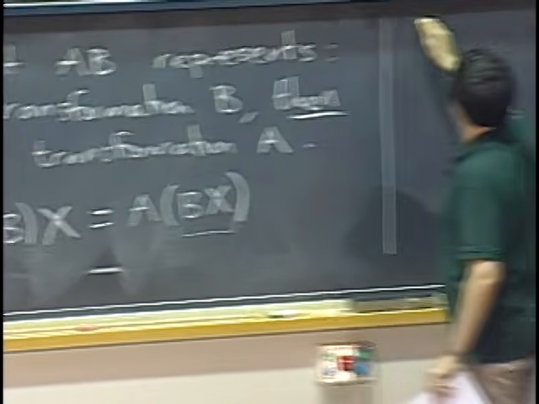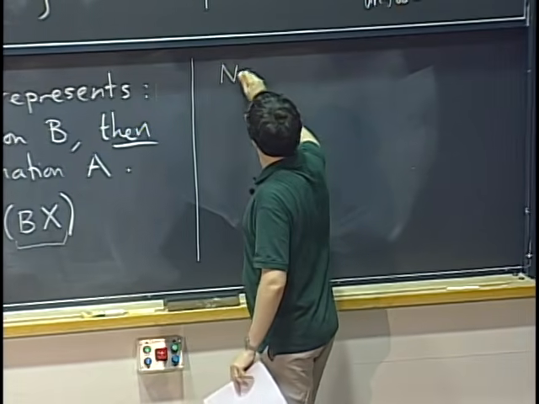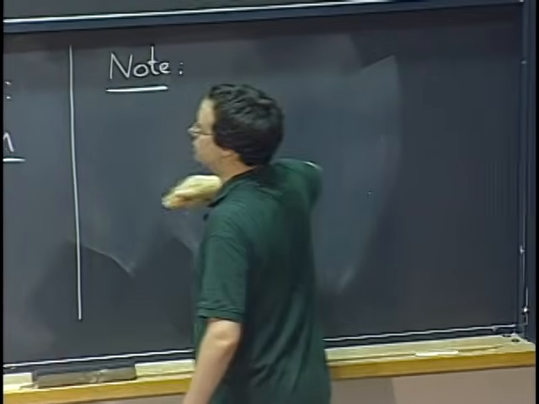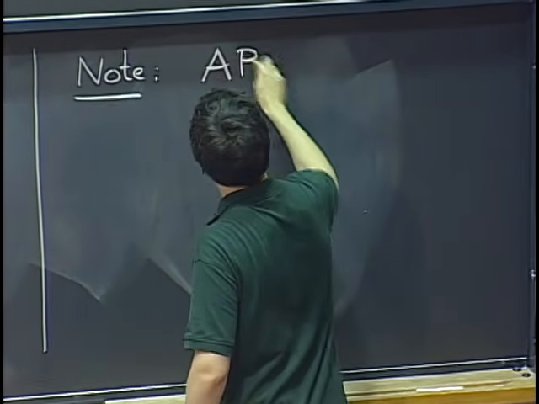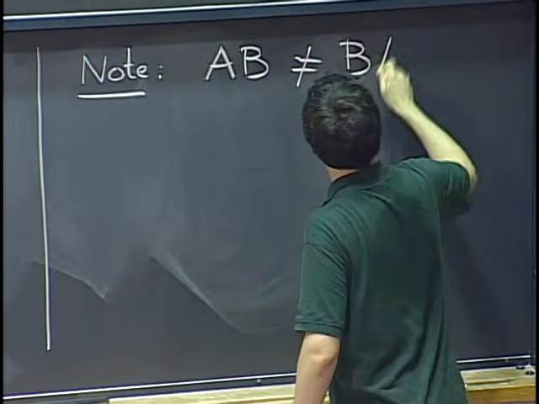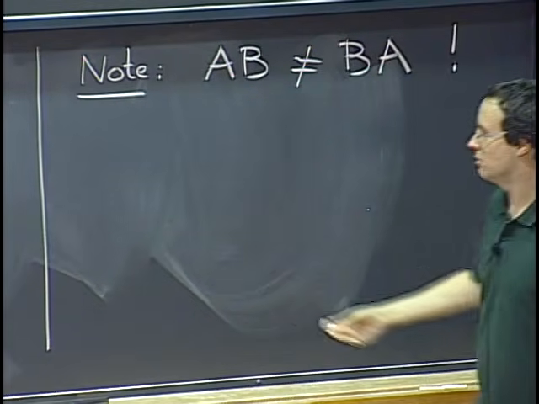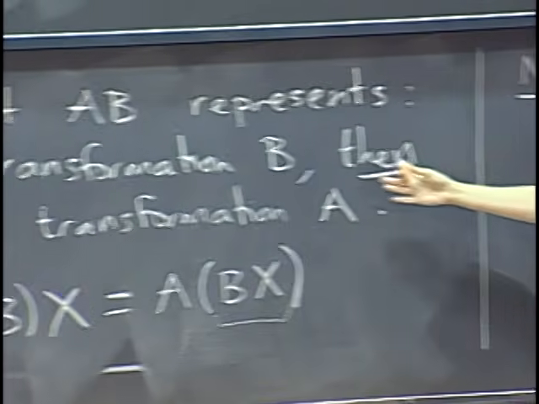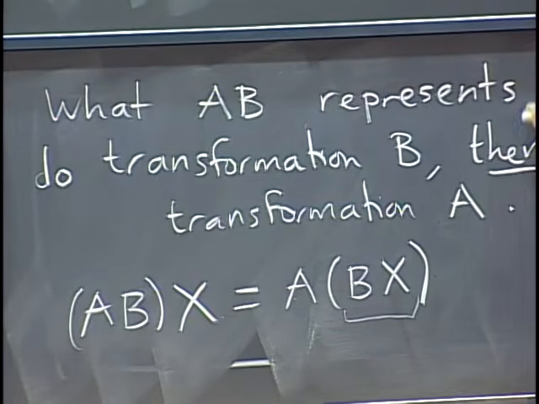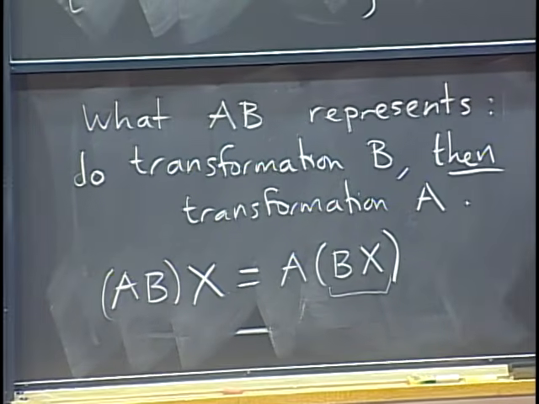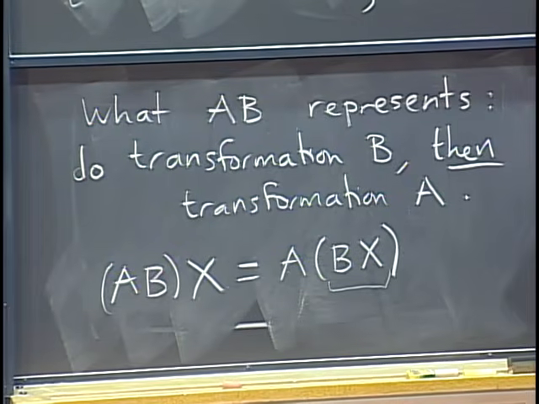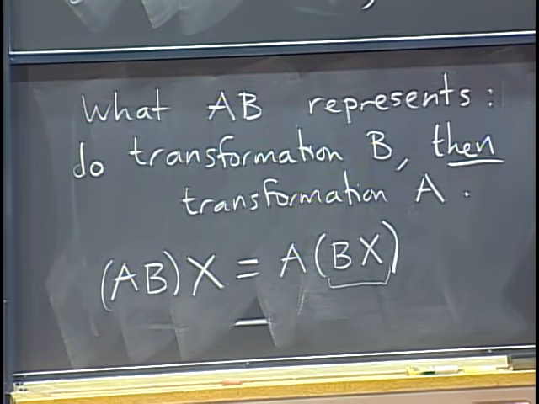Another note of warning is that AB and BA are not the same thing at all. You probably see that already from this interpretation. It's not the same thing to convert oranges to bananas than to carrots, or vice versa.